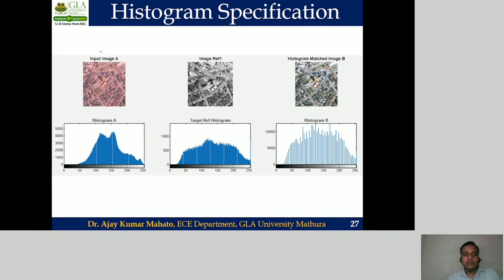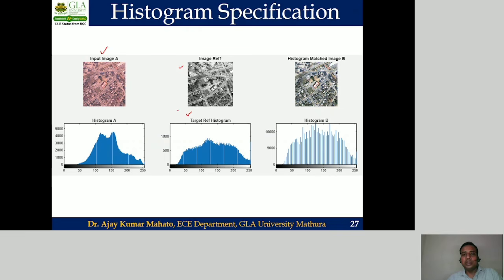Image A is my input image, and I would like to perform the histogram specification operation on it. In order to do so, I have to specify my target histogram, and for that in MATLAB I read another image, reference 1, and its corresponding histogram pattern is shown here.